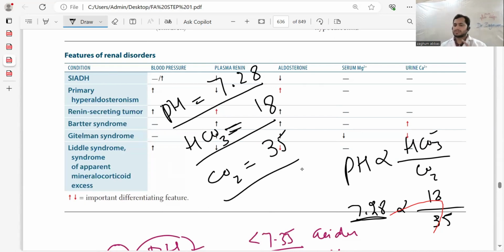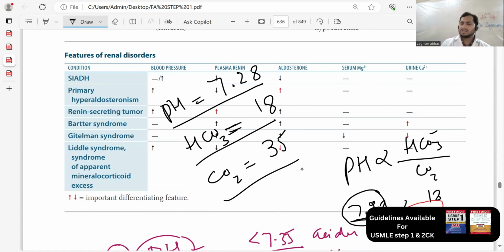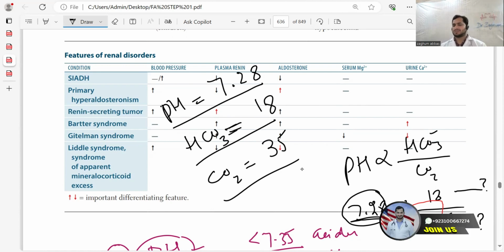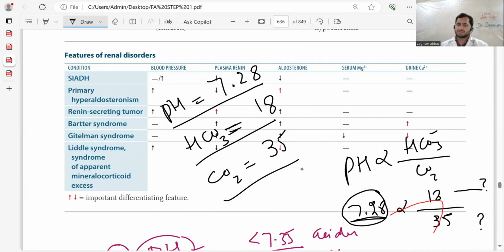Guys, focus on this point because that's important. That acidemia is either due to bicarbonate, I am putting a question mark, or due to carbon dioxide level. So there are 2 points: either it can be metabolic acidosis, or it can be respiratory. So next ask the question.